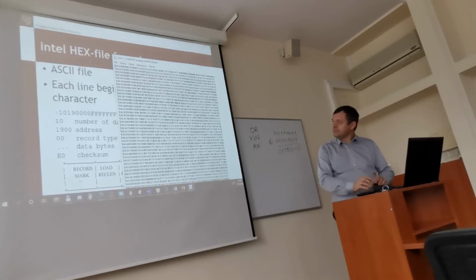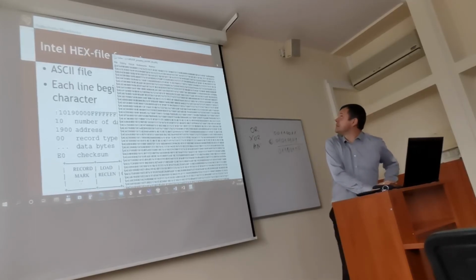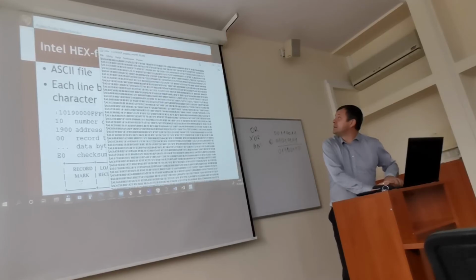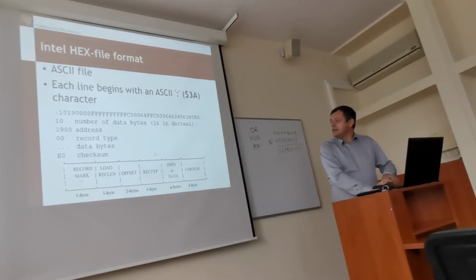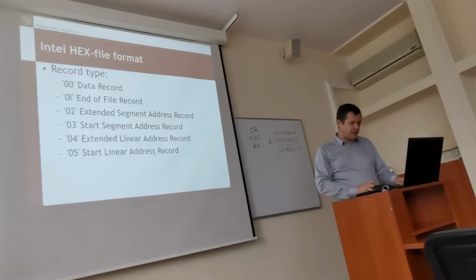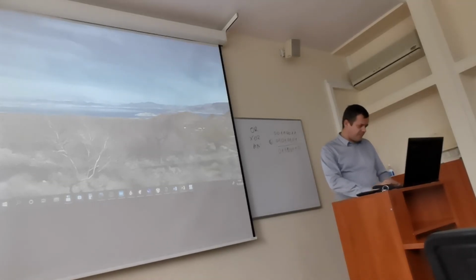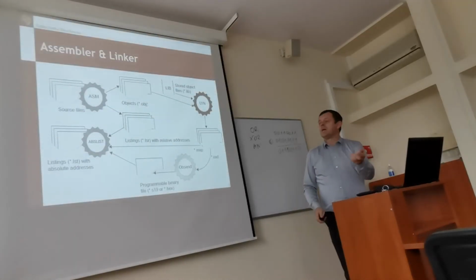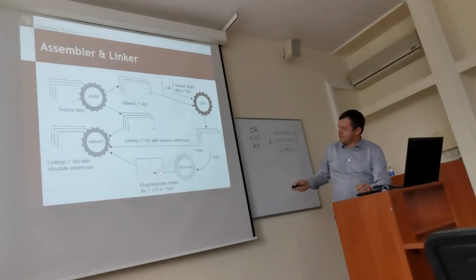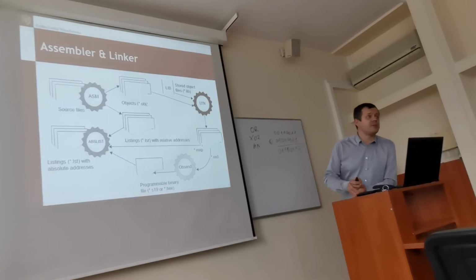Additionally, let's close it for a moment, or minimize it, and go back to this chart. Additionally to this, we've got listings or map files, because again, it's a bit different between the platforms.